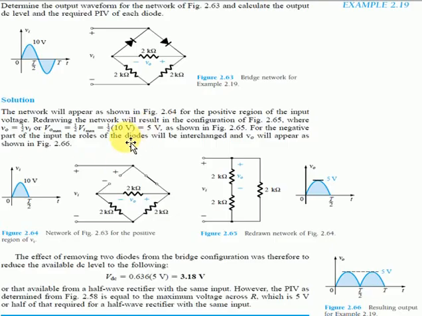It is the total voltage multiplied by that resistor whose voltage you are going to find, divided by the total resistance in series with each other. So Vout is equal to Vi times 2 divided by 2 plus 2, so 2Vi divided by 4, that is equal to half of Vi. Here Vi is 10, that's why we will have 5 volt.